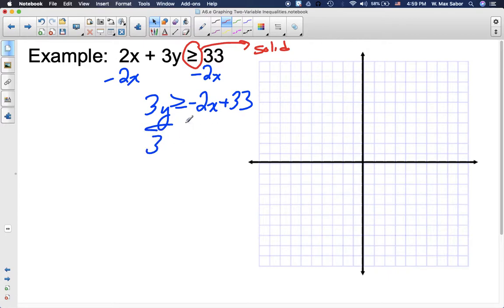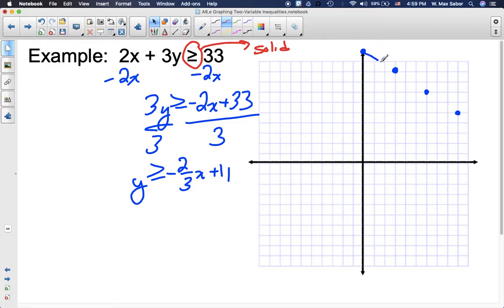So divide by 3. Y is greater than or equal to -2/3 x plus 11. So we go up to 11. We're going down to right 3, down to right 3. I'm using closed dots because it is a solid line. And that's our boundary. So now we've done steps 1 and 2.